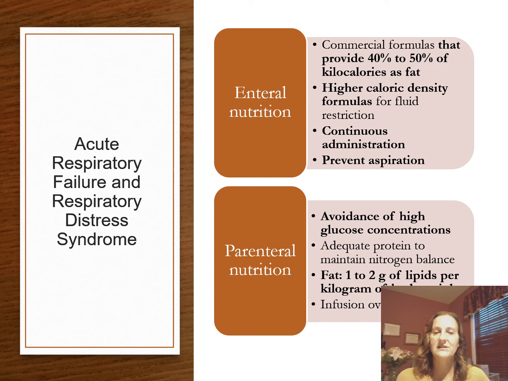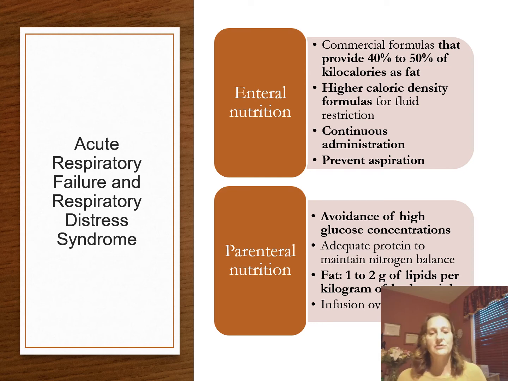As I mentioned, patients that have acute respiratory failure tend to require nutrition either enterally or parenterally. Looking at enteral nutrition, the formulas typically provide a high level of calories from fat. It's a denser formula for patients that require fluid restriction, and to prevent aspiration, we typically run the drip continuously.